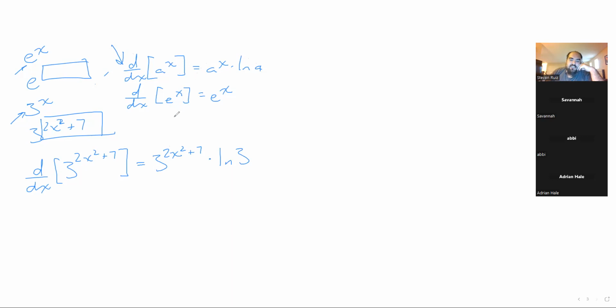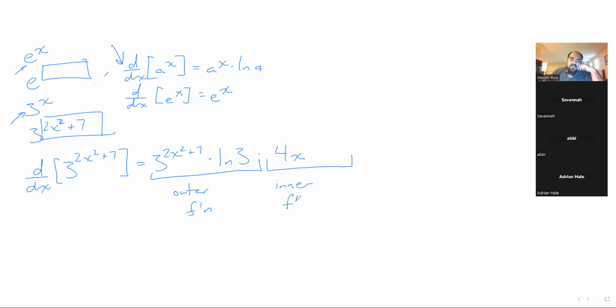The next part that we have to concern ourselves with is the fact that the derivative of the outside function is this thing. So outer function. I also have to multiply this by the derivative of the inner function, which is 2x squared plus 7. So that is going to be 4x.